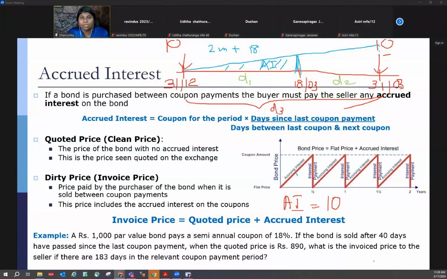So per day, I am accruing interest of 10 divided by D3. That much interest belongs to me. So when you come by, you have to pay me for the period that you didn't hold it, your number of days. This is what we call accrued interest. Any questions?